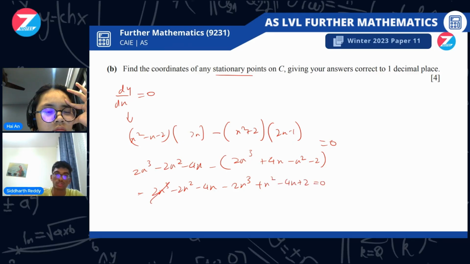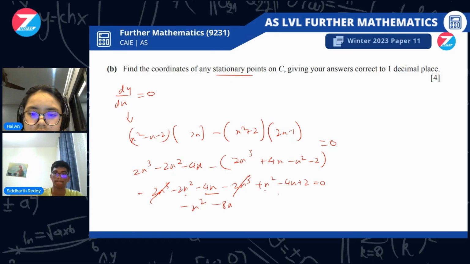So 2x cube and 2x cube cancel. Minus 2x square plus x square becomes minus x square. Minus 4x minus 4x becomes minus 8x, plus 2. So x square plus 8x minus 2 is equal to 0.